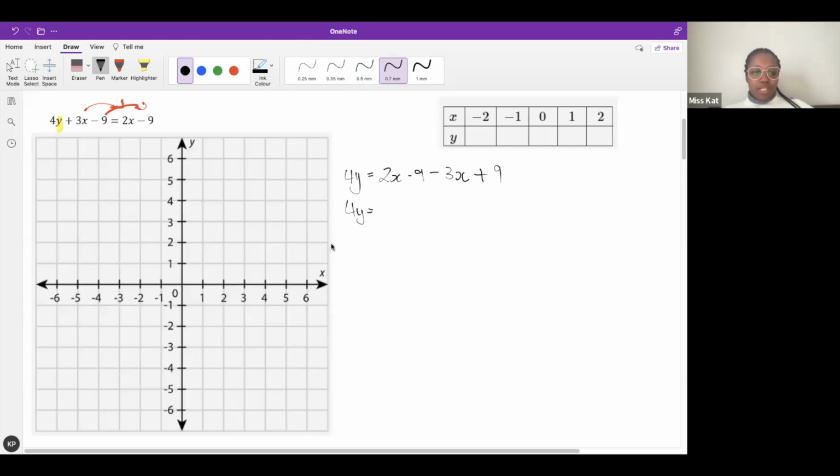Checking our book from last lesson. Okay, almost. What's 2x minus 3x? Negative 1x. Thank you very much, Dumishan. Negative x. We don't have to write the 1. And then positive 9 minus 9 gives you what?